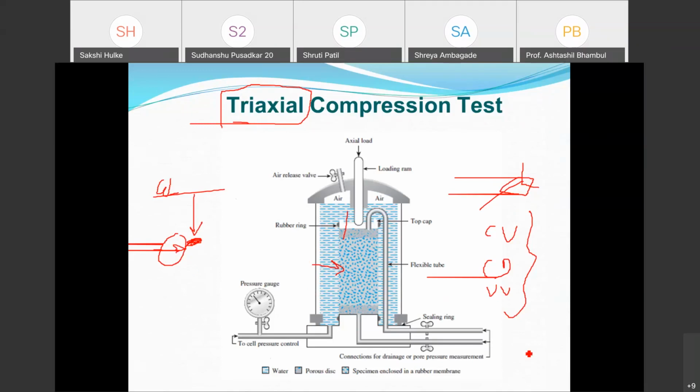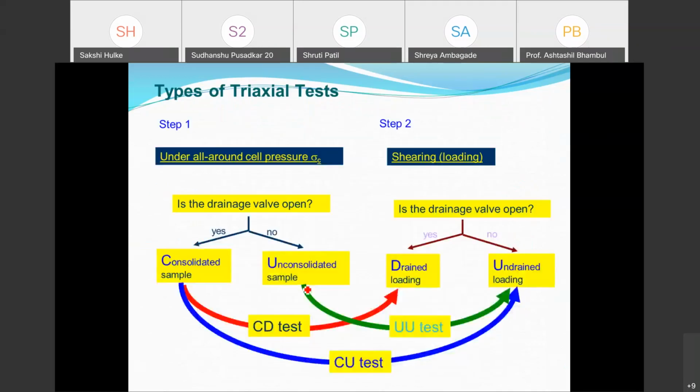Hence that lateral pressure is applied here, along with the normal pressure, and these are used for calculating the values of C and phi. So what type of test can I conduct? I can conduct CD test, UU test, or CU test, depending upon the consolidation and drainage condition of the soil.